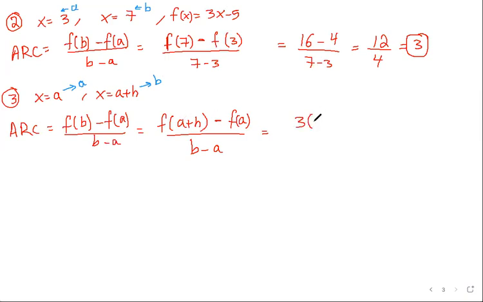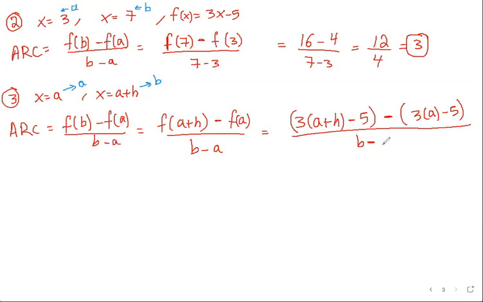A plus h minus 5. Minus what? Minus 3 times a minus 5. Divided by b minus a, which is a plus h minus a. Right? Okay. Now after you plug this in, what's next? Simplifying. Yeah.